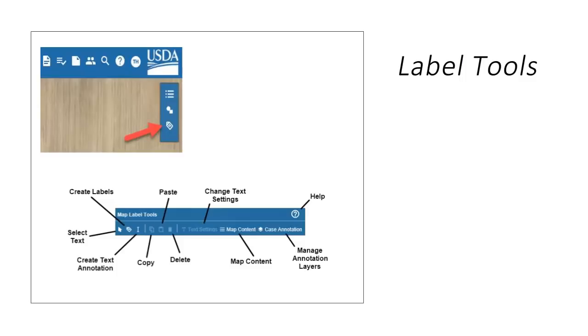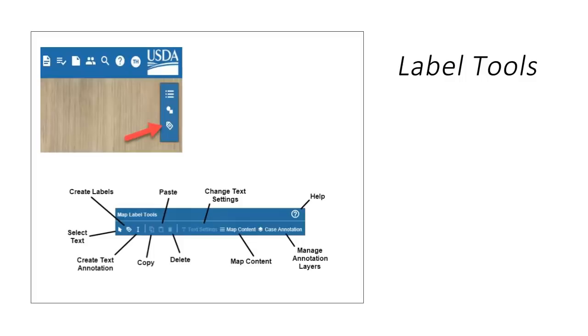The Create Text Annotation tool allows the user to create text annotation, in effect, text not linked to map features, on the map. The Copy tool allows the user to copy the selected map text, either labels or annotations, to the clipboard. The Paste tool allows the user to paste the clipboard text to the active annotation layer.